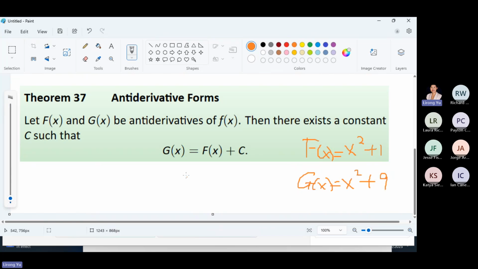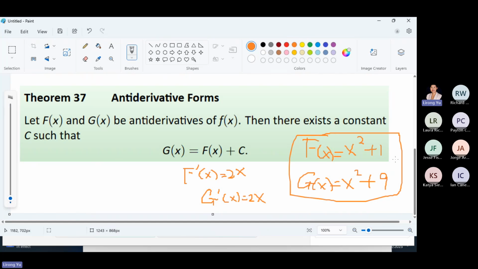Obviously the derivative of f of x is equal to 2x, and the derivative of g of x is also equal to 2x. The only difference between them is 9 and 1, and the difference between 9 and 1 is 8. So we see that g of x is equal to f of x except for a small difference of 8. So f of x plus 8, you have the same derivative 2x. That illustrates the idea that any functions that have the same derivative differ only by a number.